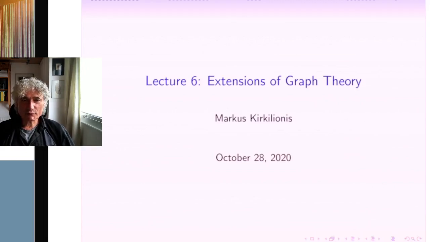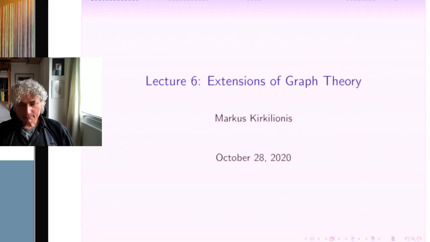So you should read this lecture 6 as both an extension to classical mathematical graph theory, but also as an extension to network theory, which is applied to complex systems.